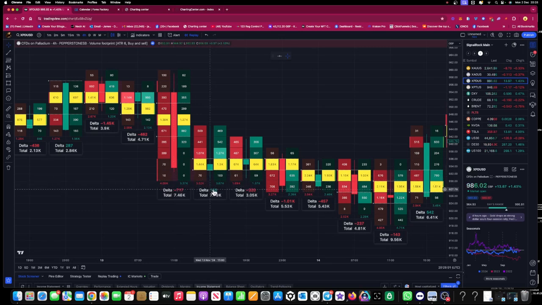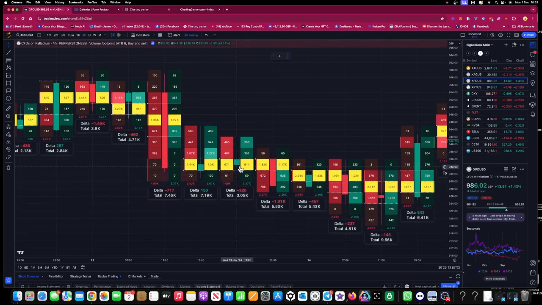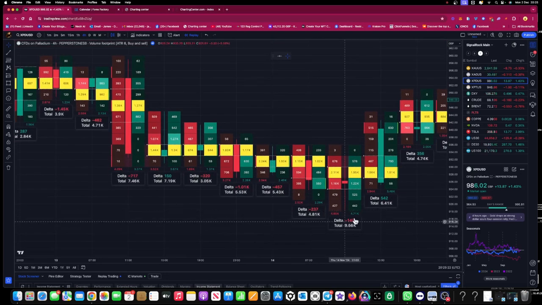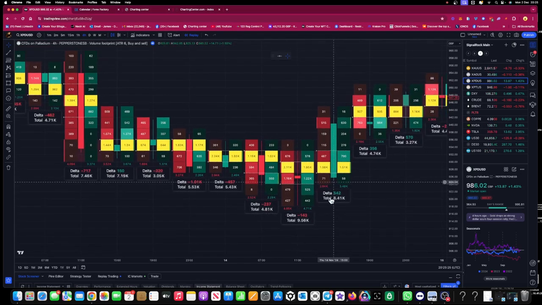And we have a big, see the buyers are 150, so it's a lot higher. That's why the price has been pushed up, come back down again. And then a bit more sellers, more sellers in the market, more sellers, and then you have that big amount of buyers there. So 542 is a delta.